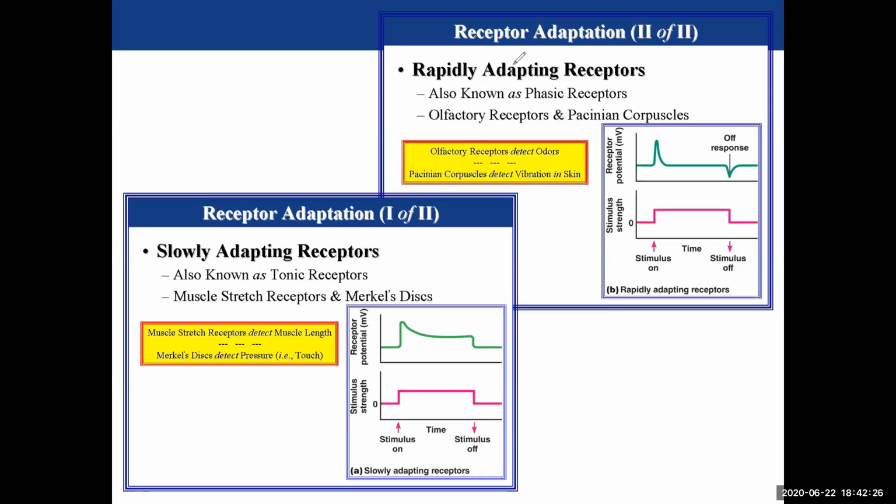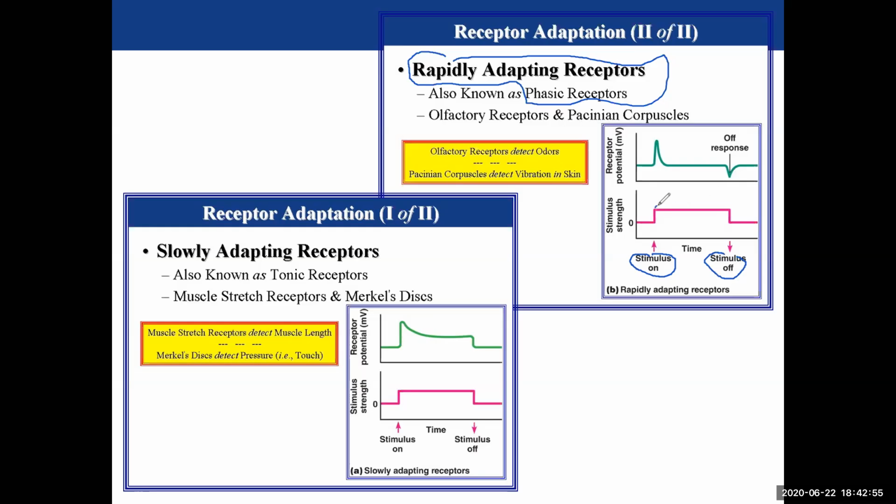That's what we call rapidly adapting or phasic receptors. They respond only when there's a change, an on and off signal. So when the stimulus comes on, they detect it. When the stimulus comes off, they also detect it.